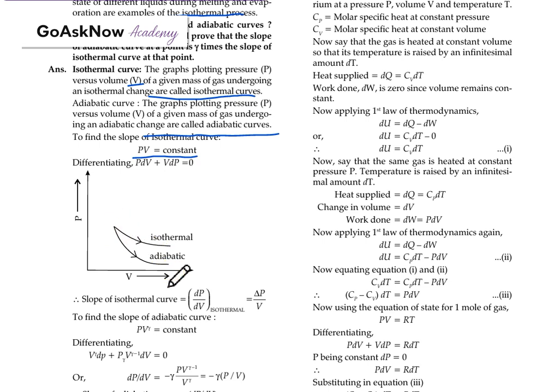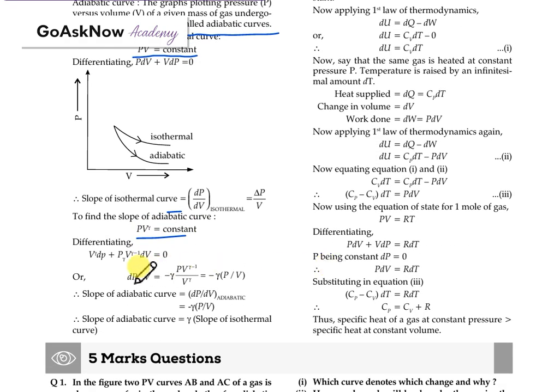Then the slope of the isothermal curve, dP upon dV for the isothermal, will be equal to minus P upon V. To find the slope of the adiabatic curve, PV^gamma equals constant. We differentiate this equation and we get dP upon dV equals minus gamma P V^(gamma minus 1) upon V^gamma, which equals minus gamma times P by V. So the slope of the adiabatic curve will be minus gamma P upon V, and this is gamma times the slope of the isothermal curve. We get here the slope of the isothermal curve from this equation and the slope of the adiabatic curve will be this.